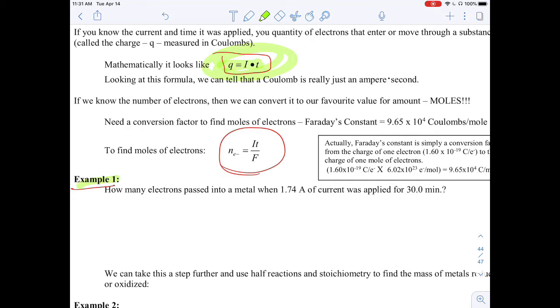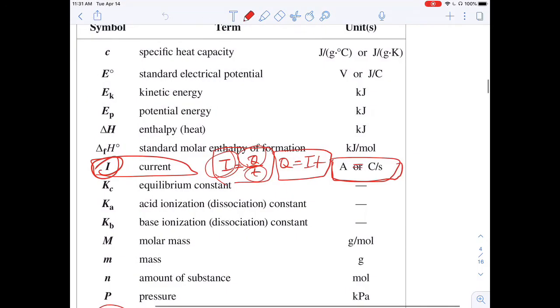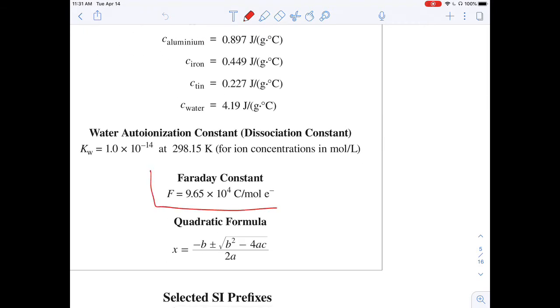So we'll just deal with that one quickly here. Oh, sorry, no, this is related to this formula. So the formula here has the number of moles equals current times time divided by Faraday's constant. Now, Faraday's constant is also provided in the data booklet, and it's in the list of miscellaneous values.